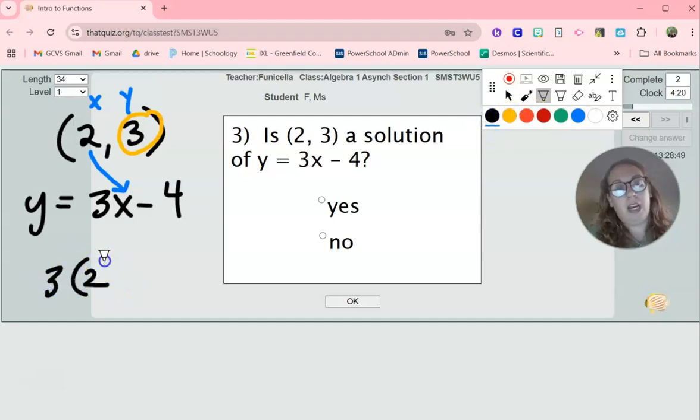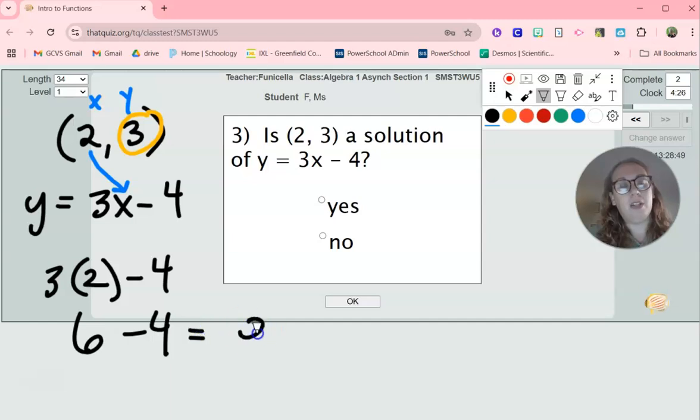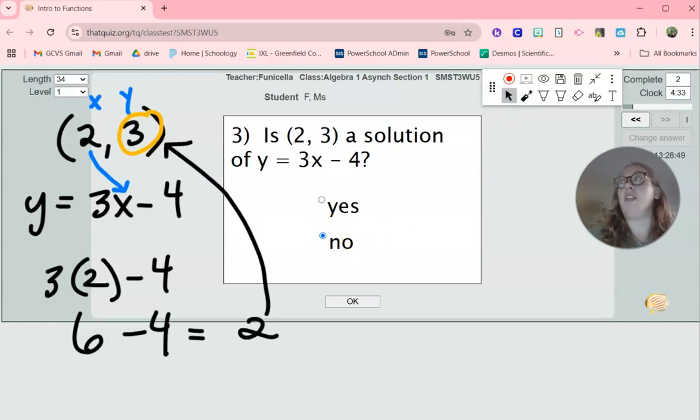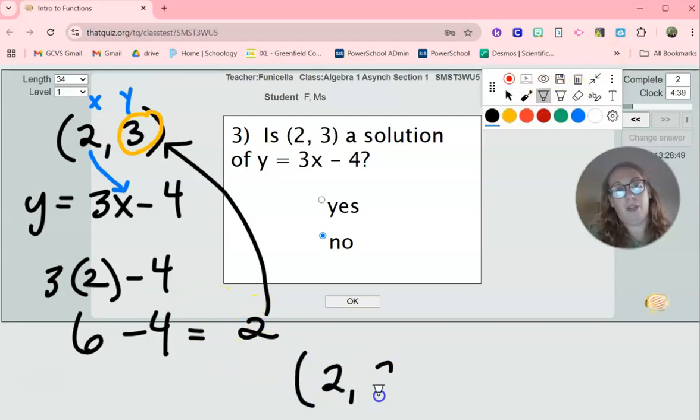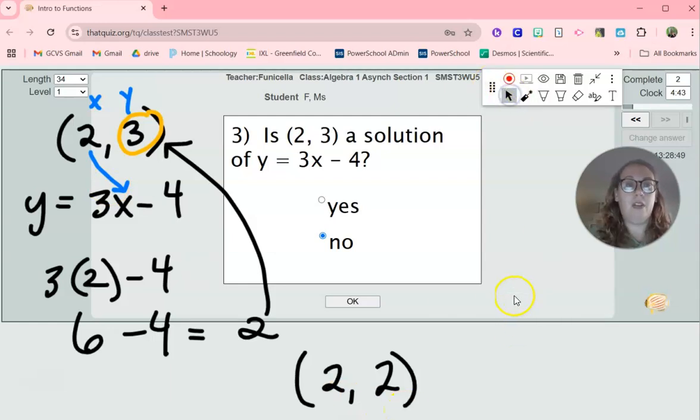Well, 3 times 2 minus 4. 3 times 2 is 6, minus 4 is 2. And 2 is not the same as 3, so this is an example of it not being a solution because we got an output of 2. So the real solution is (2, 2), right? When you plug in a 2, you get out a 2. Go ahead and hit OK and push to slide 4.